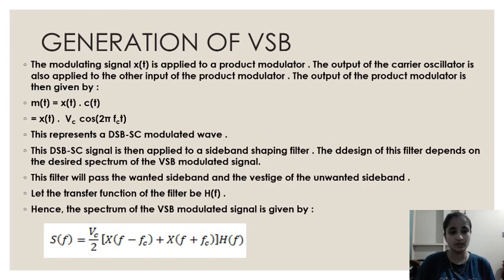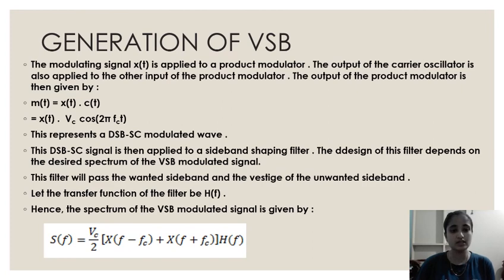Generation of the VSB. The modulating signal x(t) is applied to a product modulator. The output of the carrier oscillator is also applied to the other input of the product modulator. The output of the product modulator is then given by m(t) = x(t) c(t). Substituting for c(t), c(t) = Vc cos 2 pi fc t. This represents a DSB-SC modulated wave.